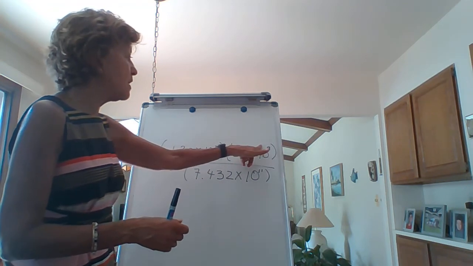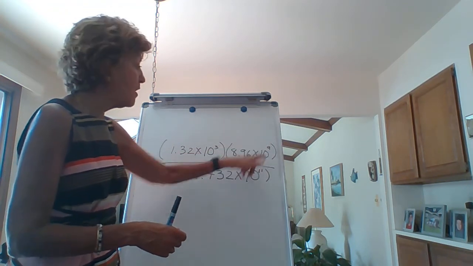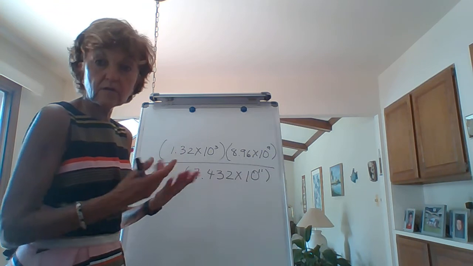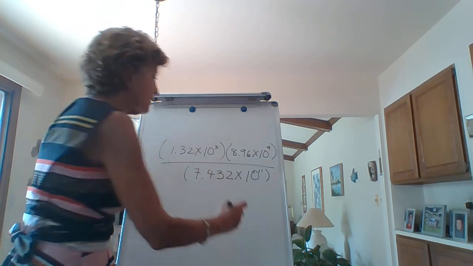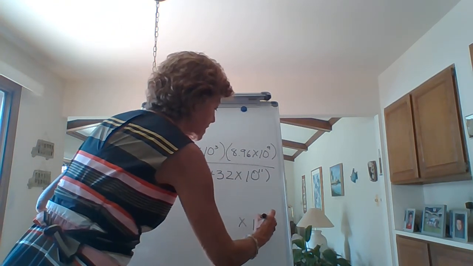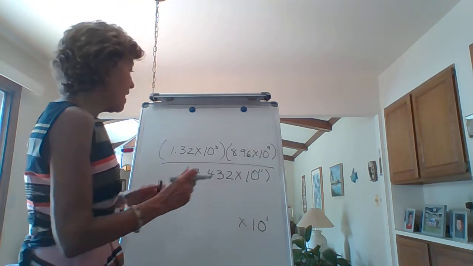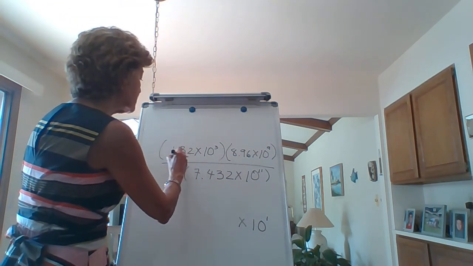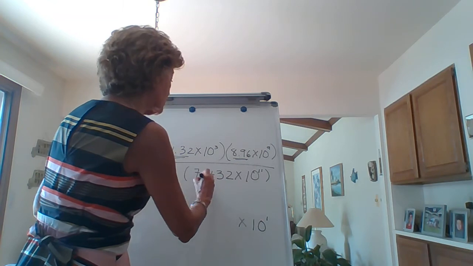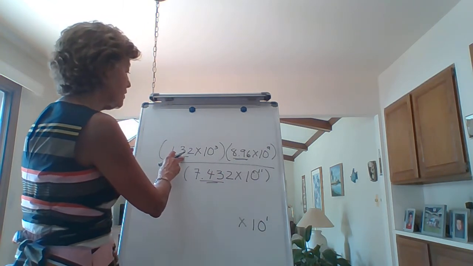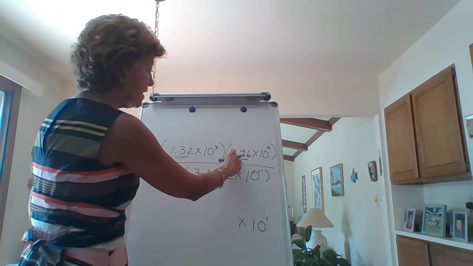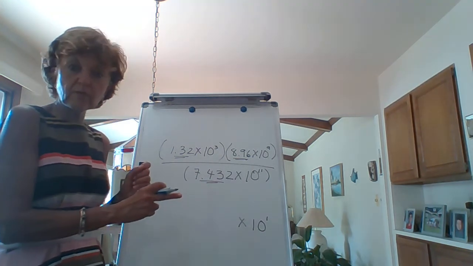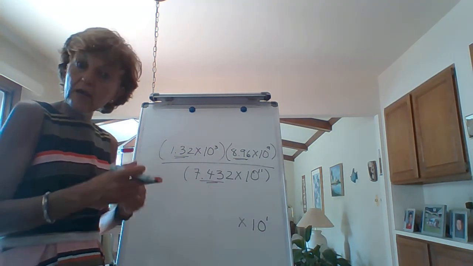So 3 plus 9 is 12, minus 11 is 1. So your final answer is going to have times 10 to the 1. And then you could put this in your calculator, meaning 1.32 times 8.96 divided by 7.432. Get your calculators out.